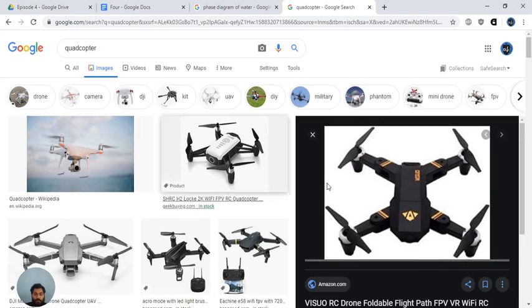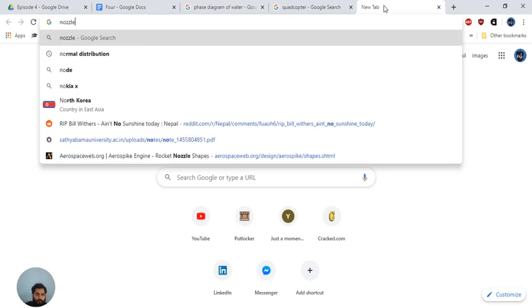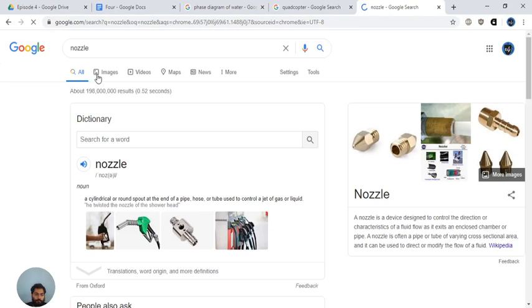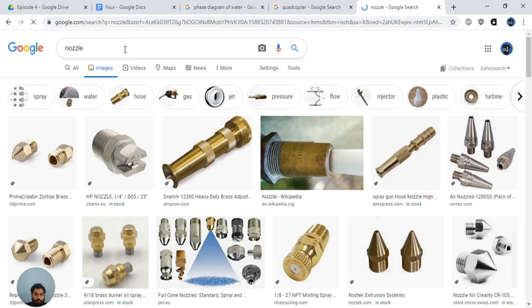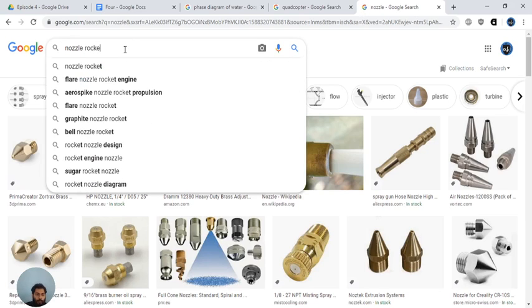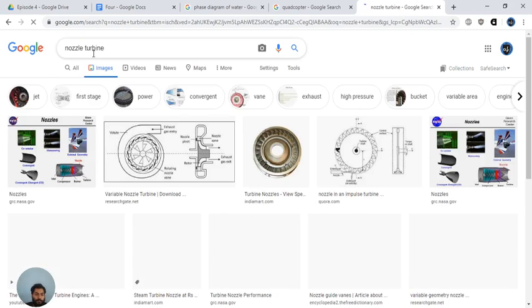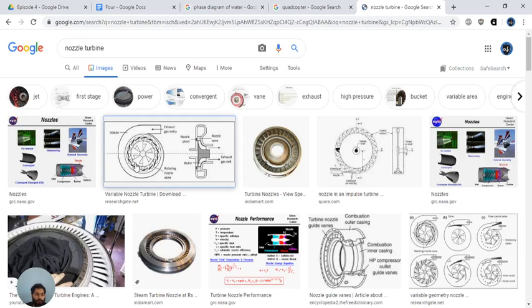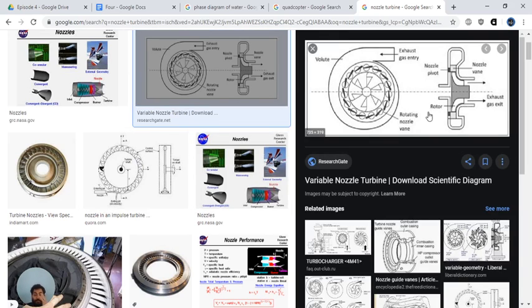So instead of a quadcopter pulling air from above and then going below like that, what I was going to do was enclose this in a turbine or a nozzle, something like that.